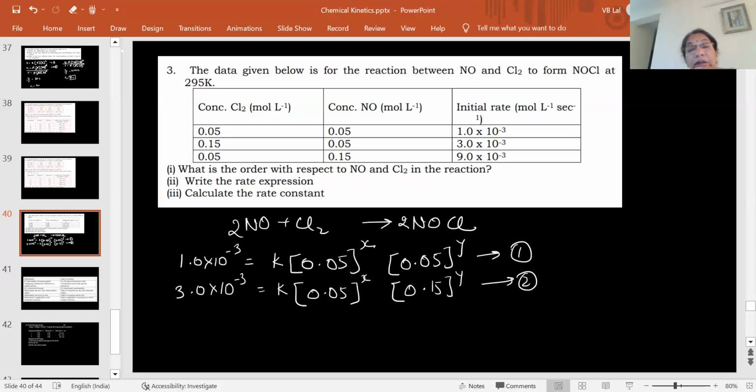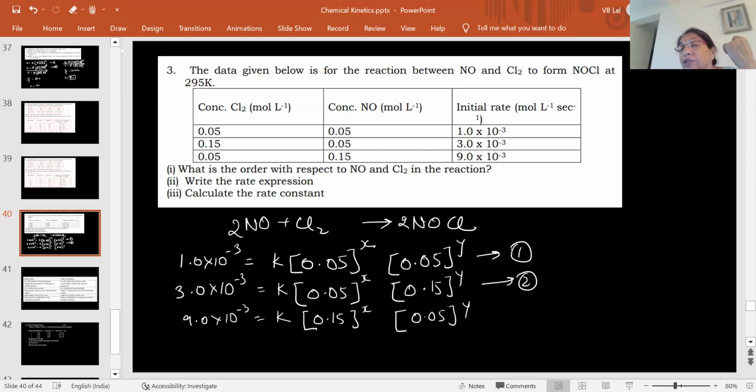Now let us write the third equation. What is the third equation? The third equation is 9.0 into 10 raised to minus 3 is equal to K into concentration of NO, that is 0.15 raised to X and 0.05 raised to Y. So this time I have kept the concentration of Cl2 constant, but I have increased the concentration of this NO. I have increased it 3 times.